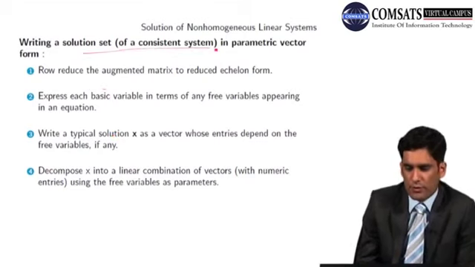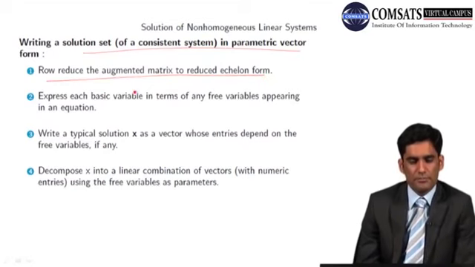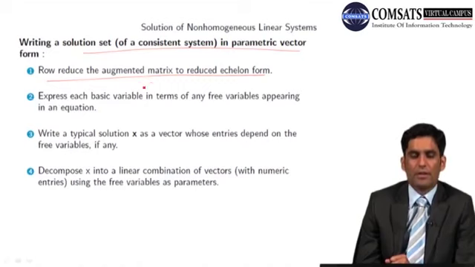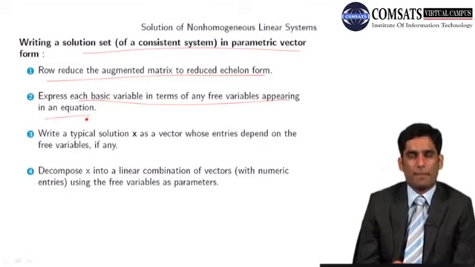So we are going to learn the steps. Row reduce the augmented matrix to reduced echelon form. This is the first step. We will write down the augmented matrix and row reduce it to echelon form. Express each basic variable in terms of any free variables appearing in the equation.